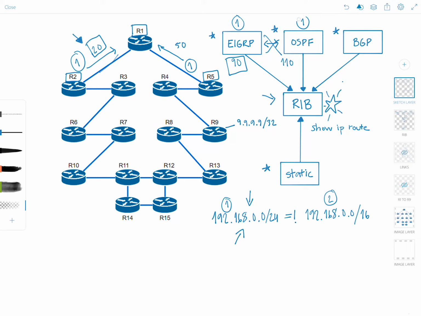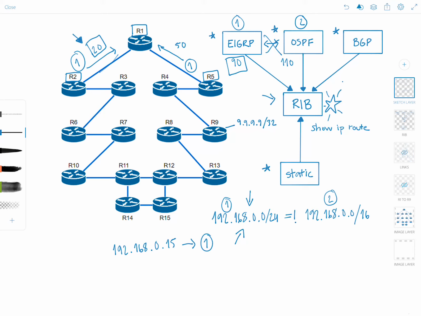So let me change this to number 2 again. Let's assume that route number 1 is advertised by EIGRP and route number 2 is advertised by OSPF. So now, if there's a packet destined to 192.168.0.15, then it would use route number 1.